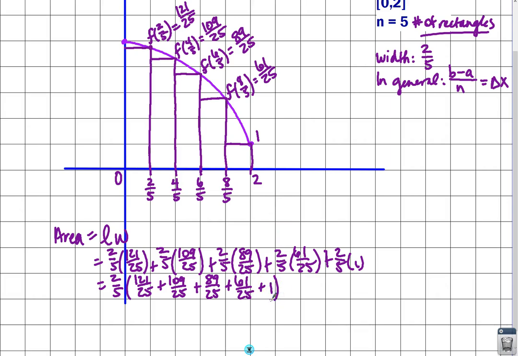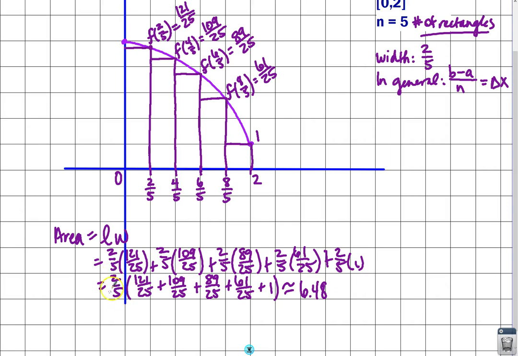The reason I write this like this is I'm trying to see if there's a pattern here. If I wanted to, I could go ahead and type all this into my calculator, and this gives me approximately 6.48. Now notice I use my approximation symbol because I don't know exactly what the area is. I know that it's approximately 6.48. We're not at the point yet where we can find the area exactly. So again, I wrote this like this so we could find a pattern here.